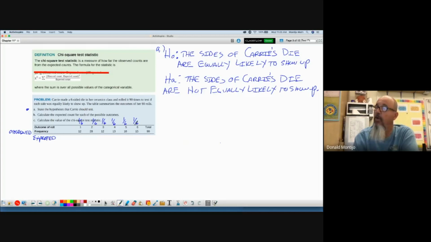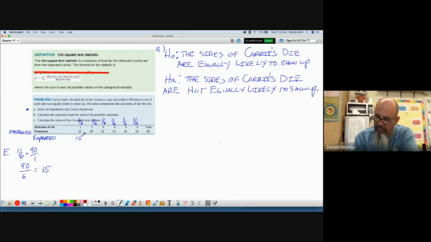So if I take 1/6 times 90, I can get my expected counts. I can make 90 into a fraction, 90 over 1, so it would be 90 over 6. How many times does 6 go into 90? That's 15.